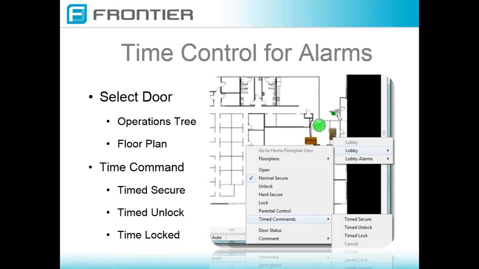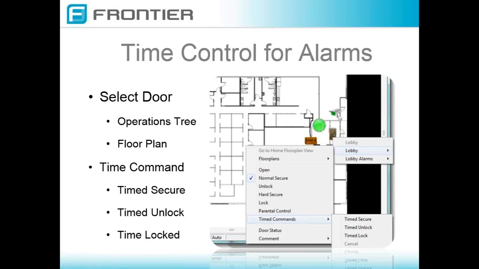Time controls for doors, and we select the door from the tree. Just as before, we have a time secure, a time unlock, or a time lock. I like to use this. We'll get a call from maintenance saying, I need that door open. We're moving furniture from first floor to second floor. Can you unlock that corridor hallway for an hour? Great, we can do that.